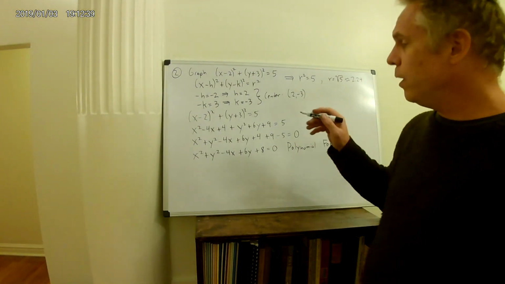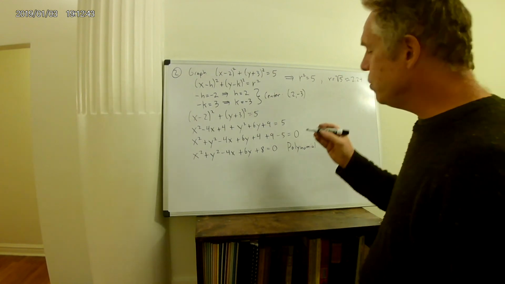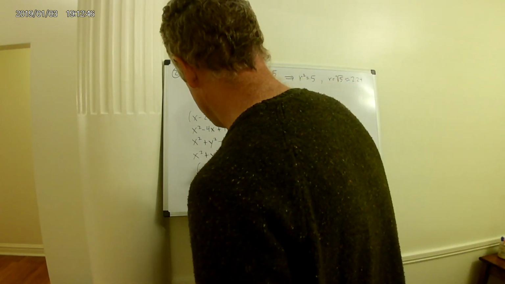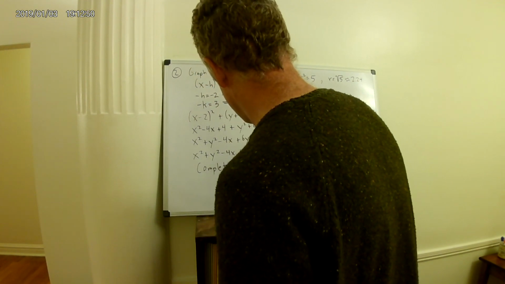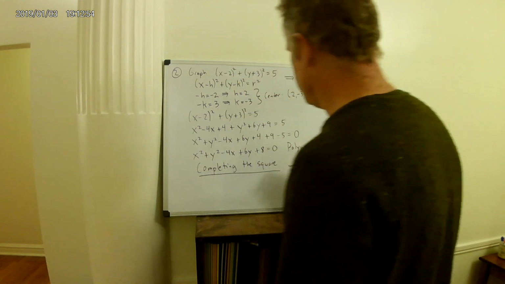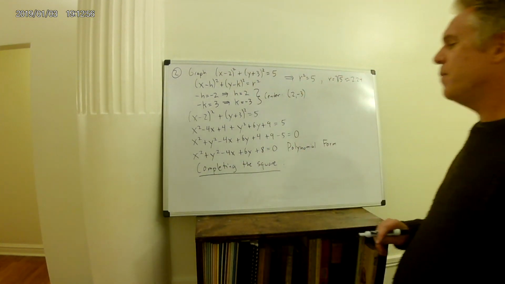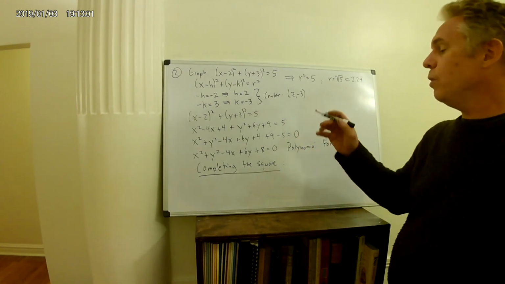So the goal here is to be able to take an equation of a circle like this and go backwards. And the way we do this is something called completing the square. This is an operation that's used in algebra. I'm not going to get into all the theory behind it, although you will need to know how to do this.